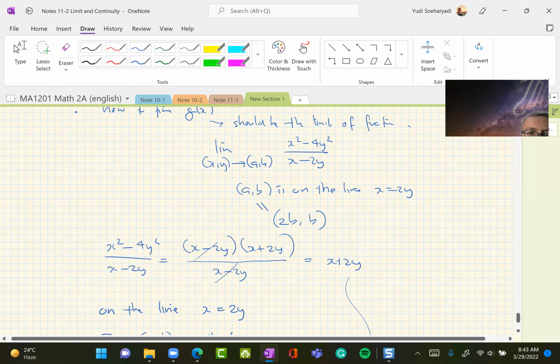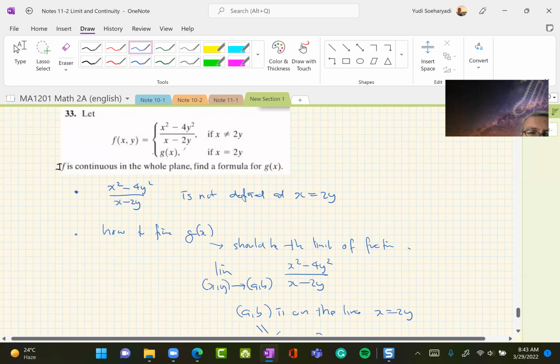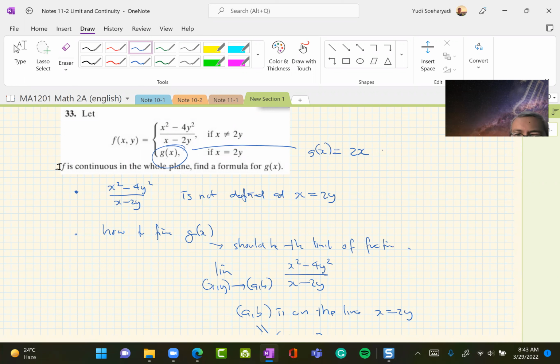Back to this question, what should g be? Then g of x is just 2x. Questions?